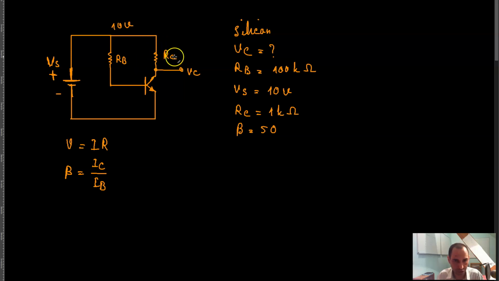Once I know the collector current, I know the current going through this resistor over here. And if I know the current going through this resistor, as a result I know how much voltage drop there is across this resistor. The voltage drop, I can put it in this equation.